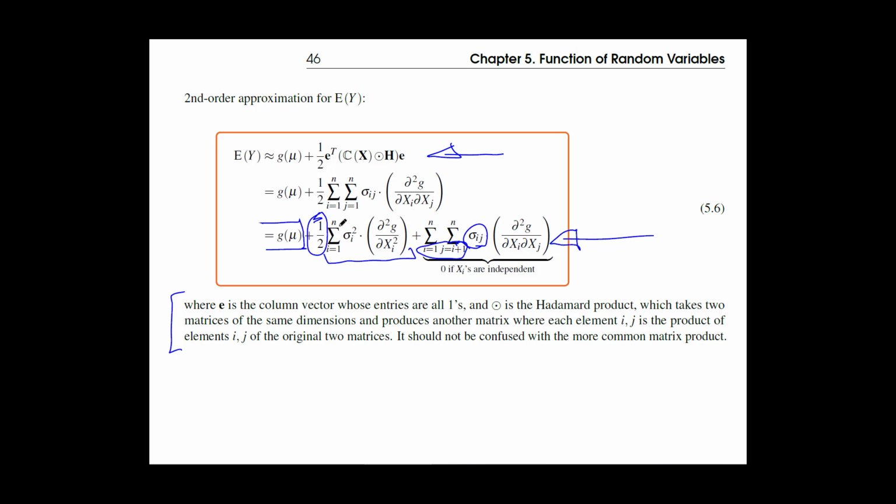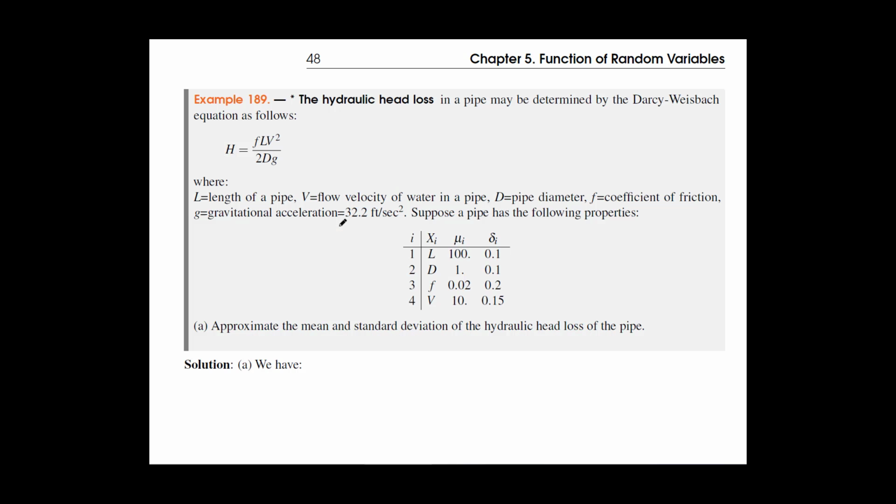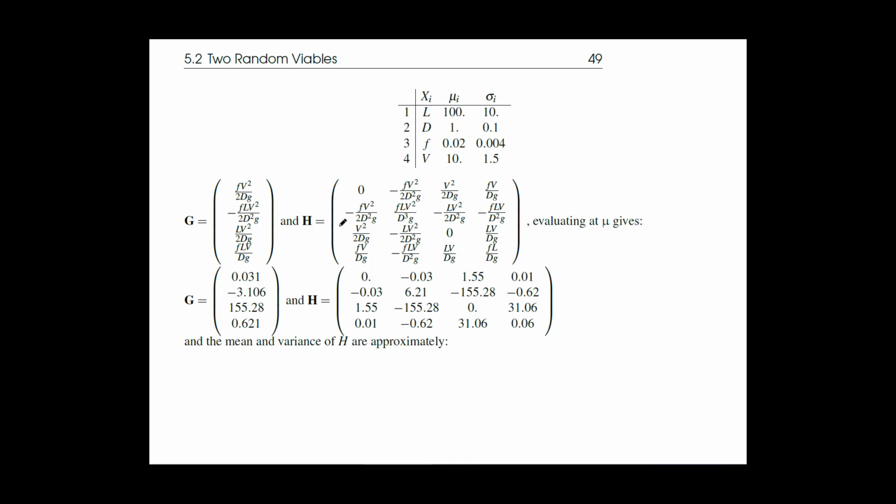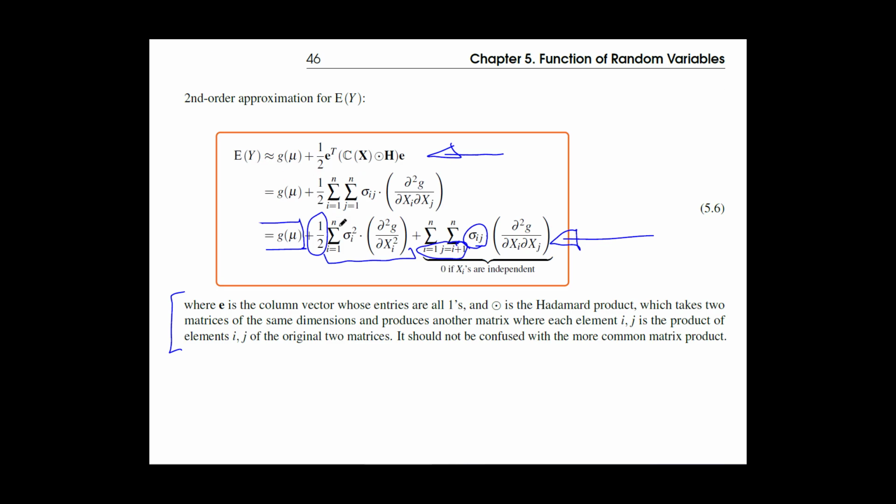These are the formulas we obtain. Now, when these variables are independent, all these terms go to 0 as usual, because the covariance would be 0.